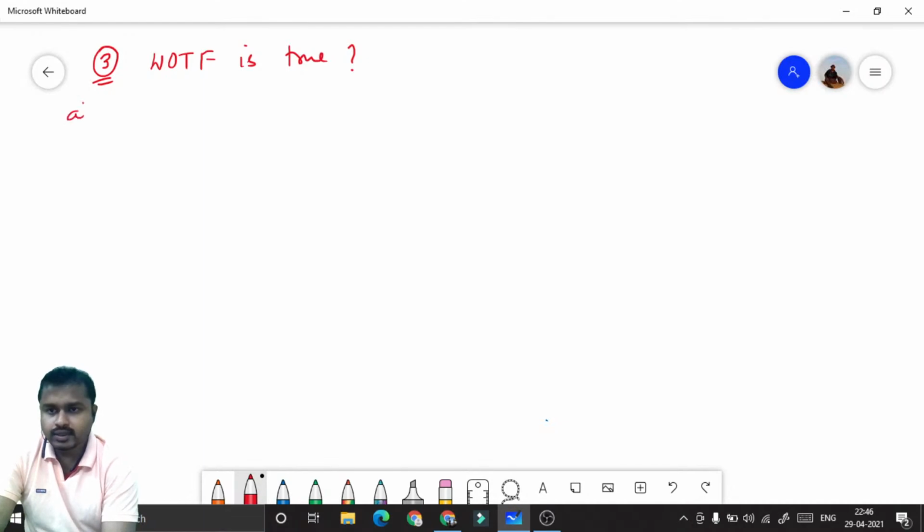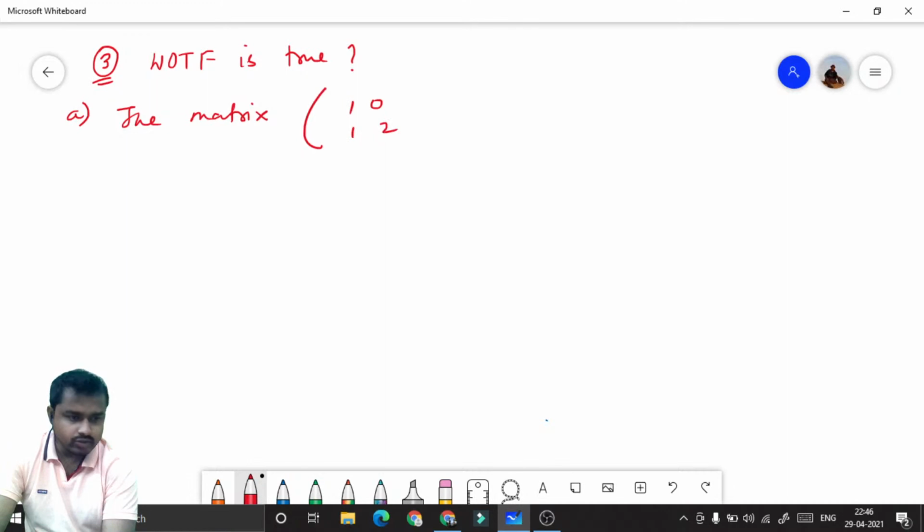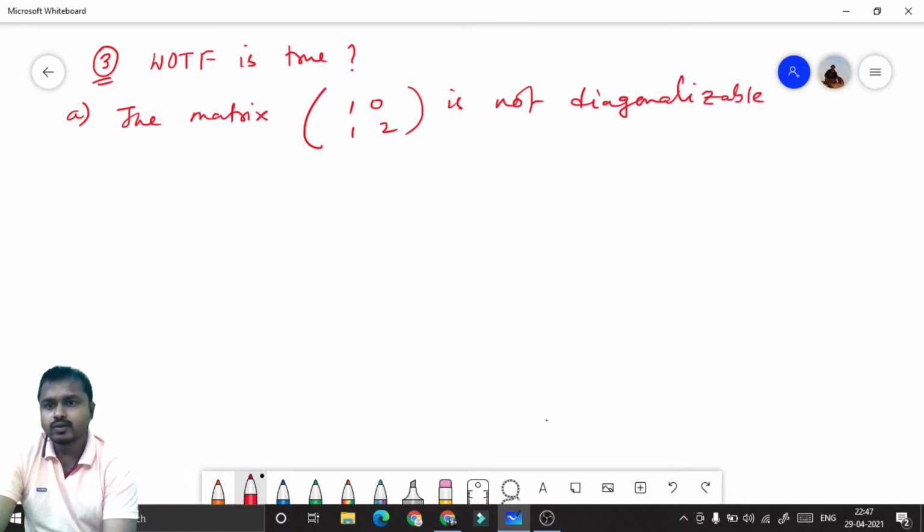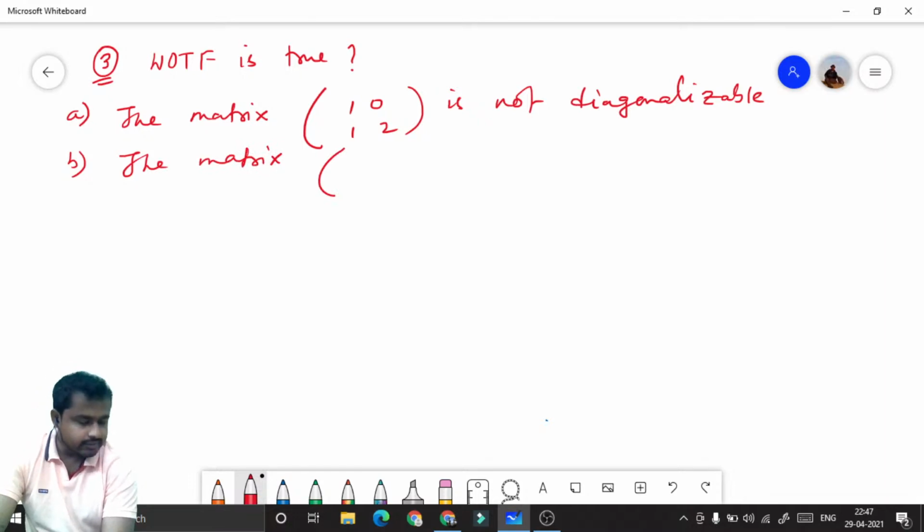First option, it is a straightforward question. The matrix 1 0 1 2 is not diagonalizable. Option B, the matrix 1 5 0 2 is diagonalizable.